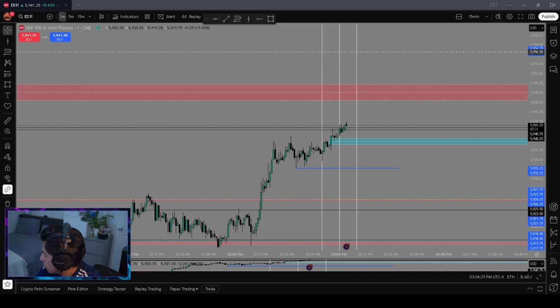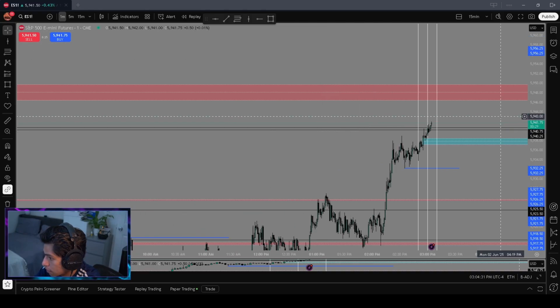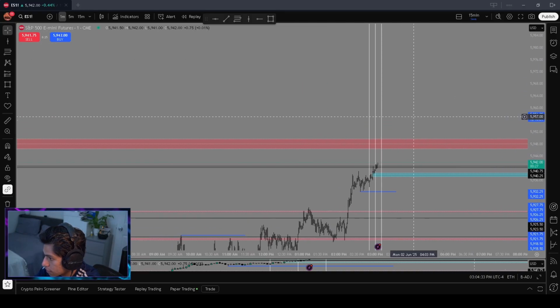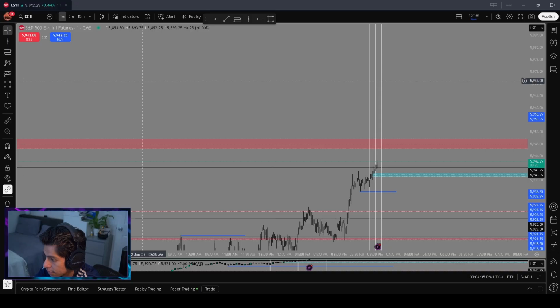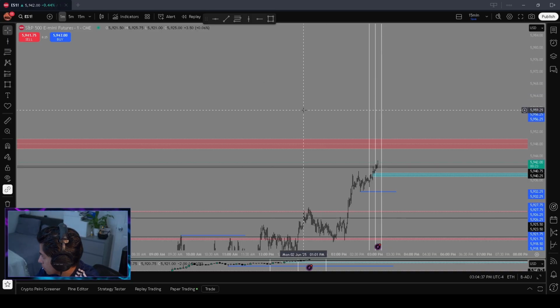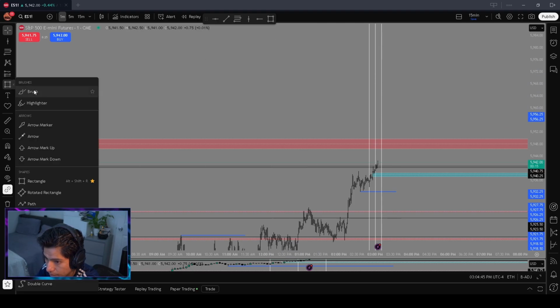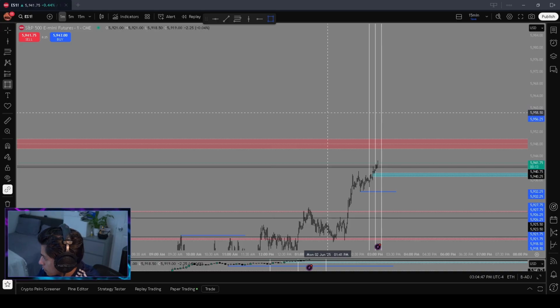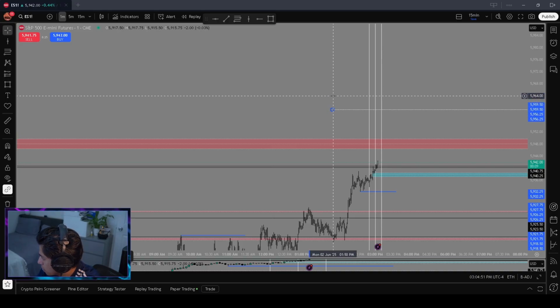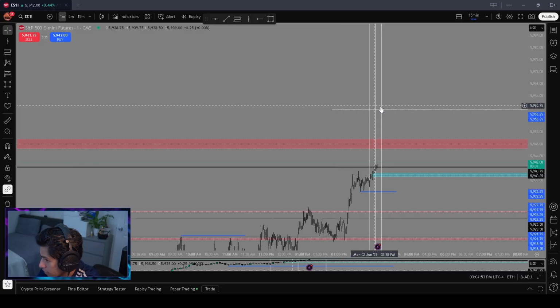And on the 1 hour, let me just mark it so it's not going to be too exact. So the 1 hour fair value gap would be around, oh shoot. The first fair value gap on the 1 hour would be around here.